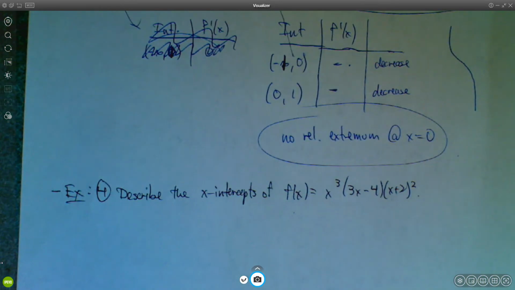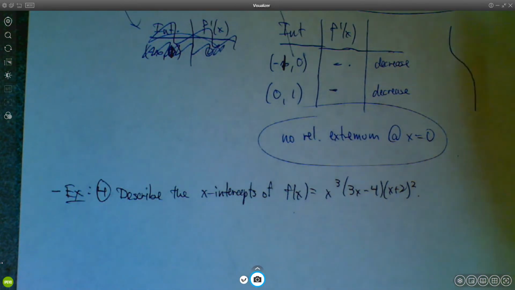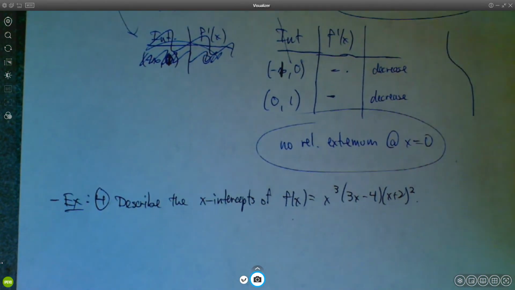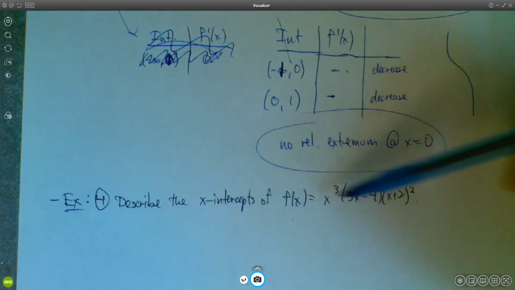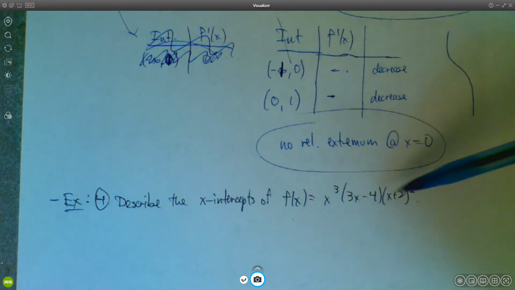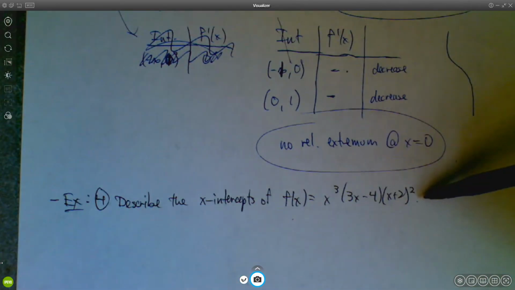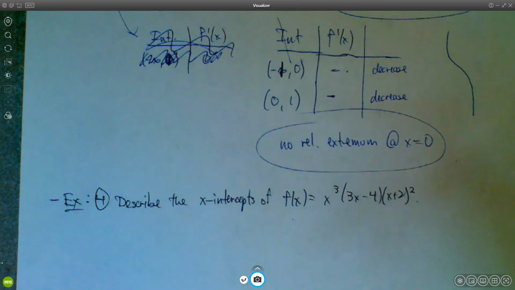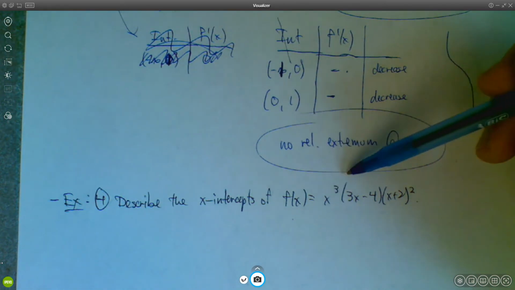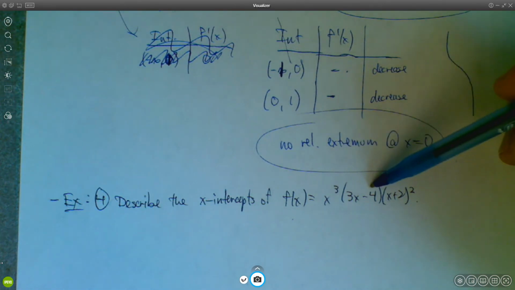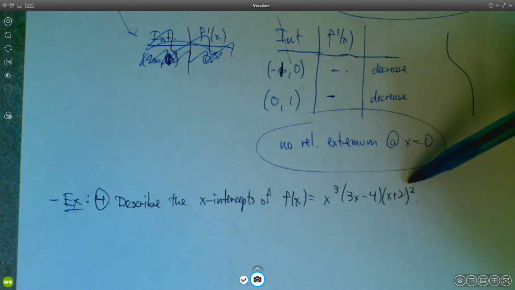Okay, so let's see if we can describe the x-intercepts. Well, first of all, you're going to have x-intercepts at 0, 4/3, and -2, right? If you imagine setting this function equal to 0 and then solving each part, you would say x cubed equals 0, or 3x minus 4 equals 0, or x plus 2 squared equals 0.